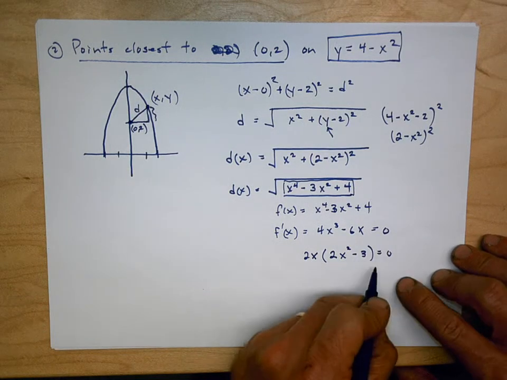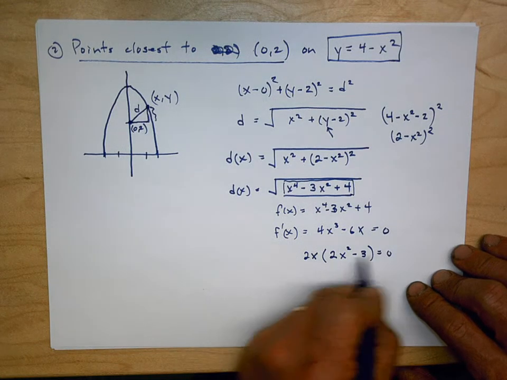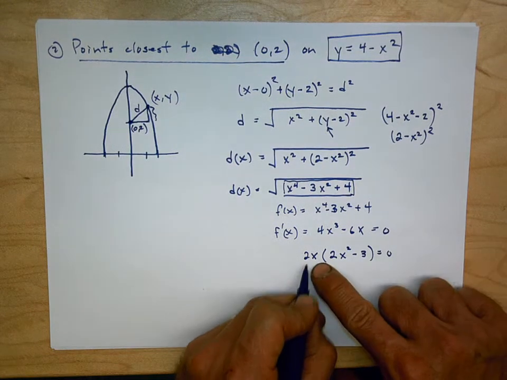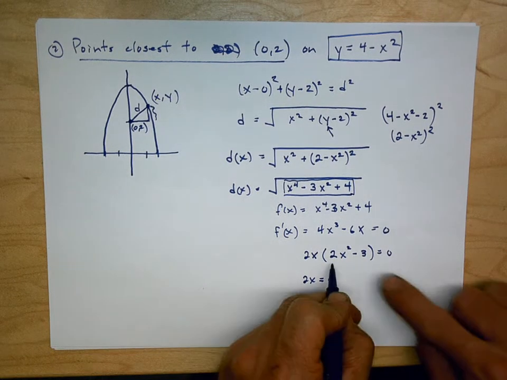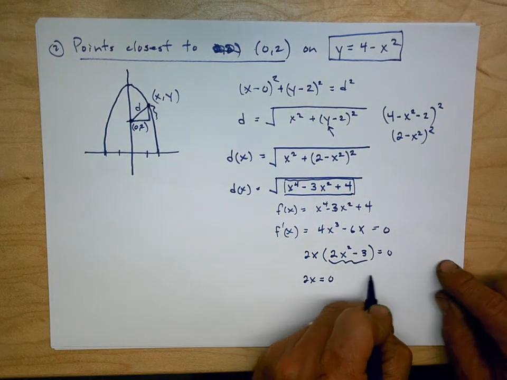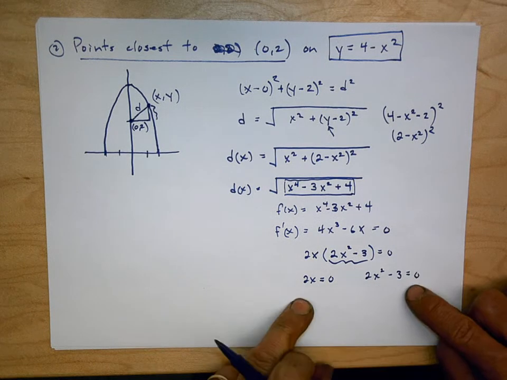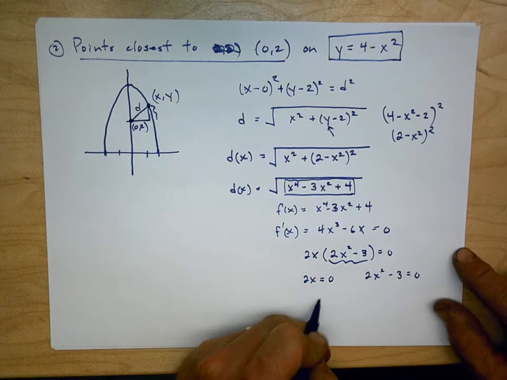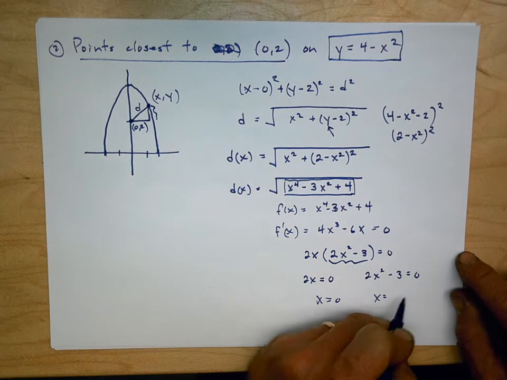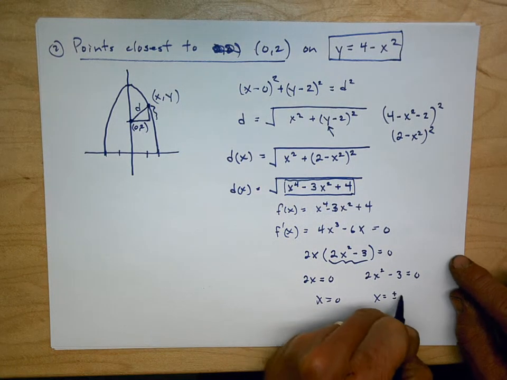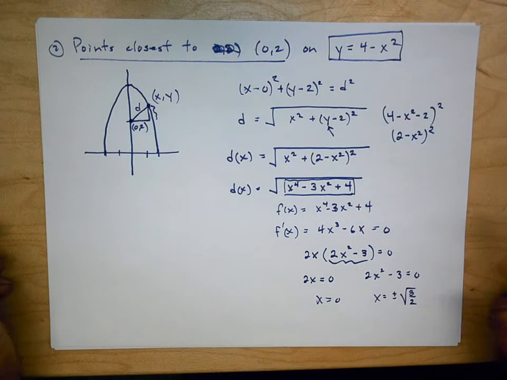So what makes this product equal to 0 is if this equals 0, then certainly the product would be 0, or if this expression is equal to 0. In either of those cases, the product would be 0. So in this case, we just get that x equals 0. And over here, if we add 3 and divide by 2 and then take the square root, we get plus or minus the square root of 3 over 2. So I have 3 critical points.